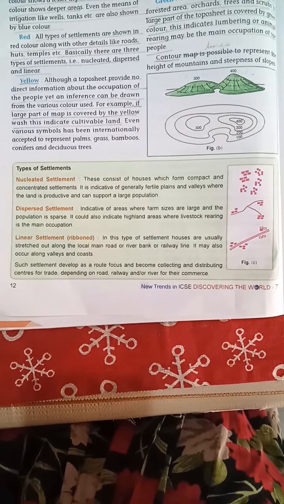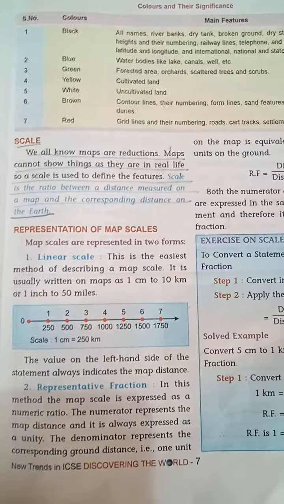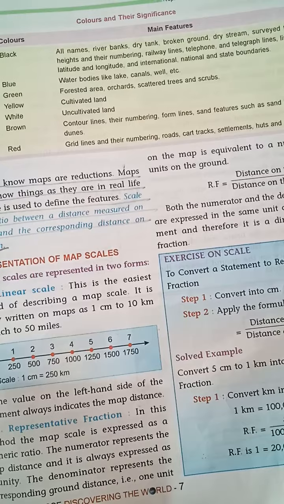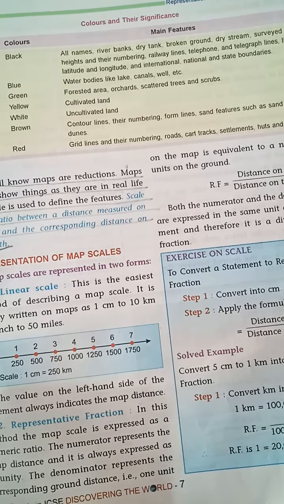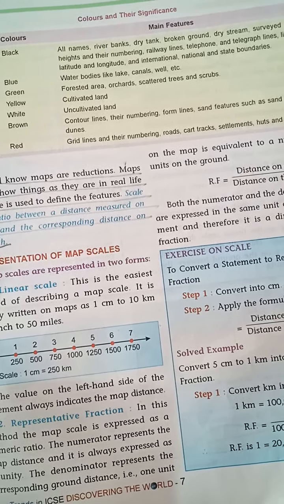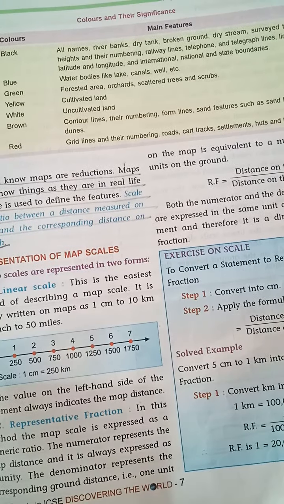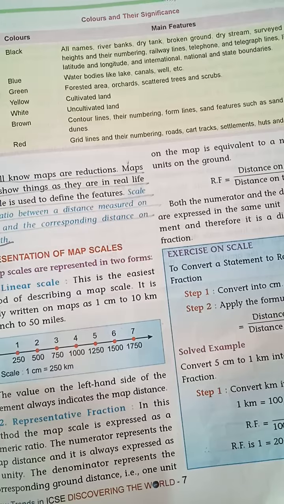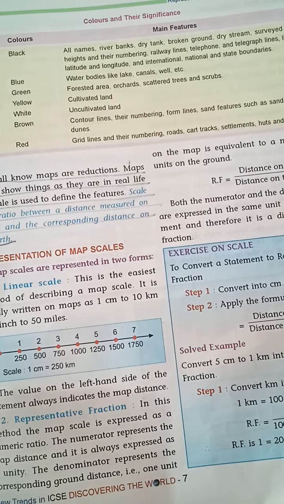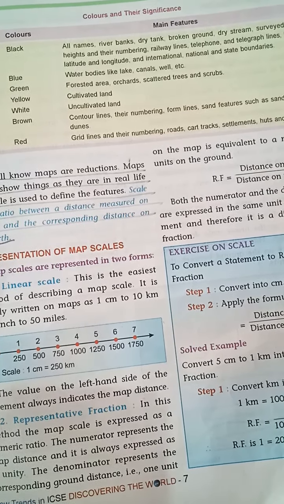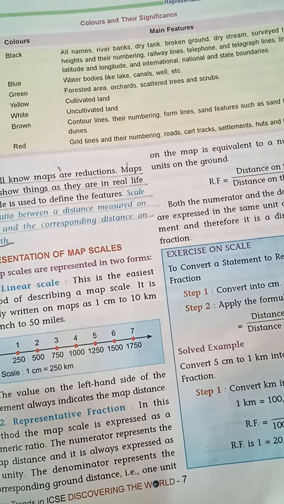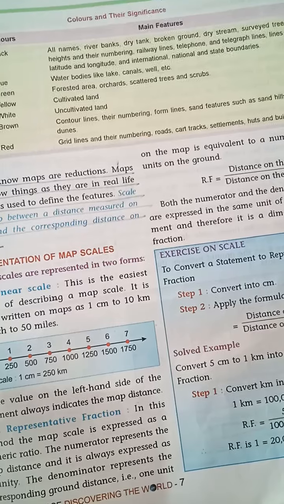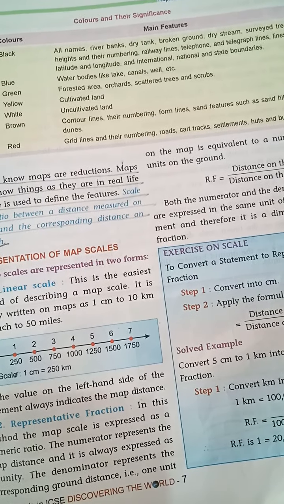Now we will see the use of scales for measurement. Scale is defined as the ratio of the distance on a map and the corresponding distance on the ground. The distance on the ground is usually measured in large units such as kilometers or miles, while the units of measuring distance on the map are in centimeters and inches.